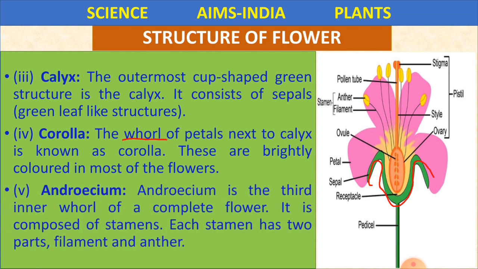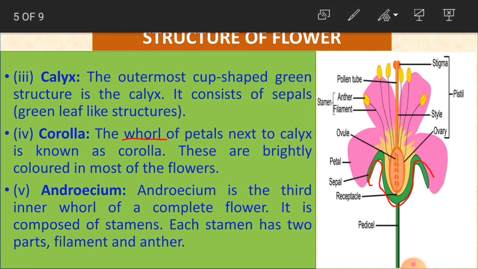Now the androecium. What is the androecium? It is the third inner whorl of a complete flower, after the petals. You have got petals arranged in layers. And what is the androecium? The androecium is the third inner whorl of a complete flower, and it is composed of stamens. Here you can see the stamens.